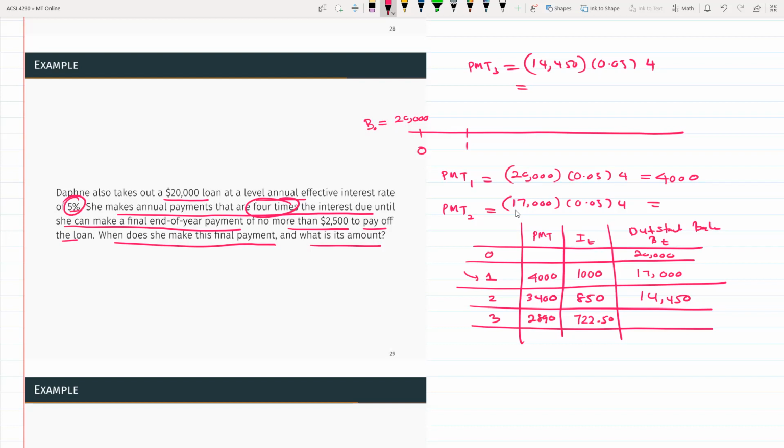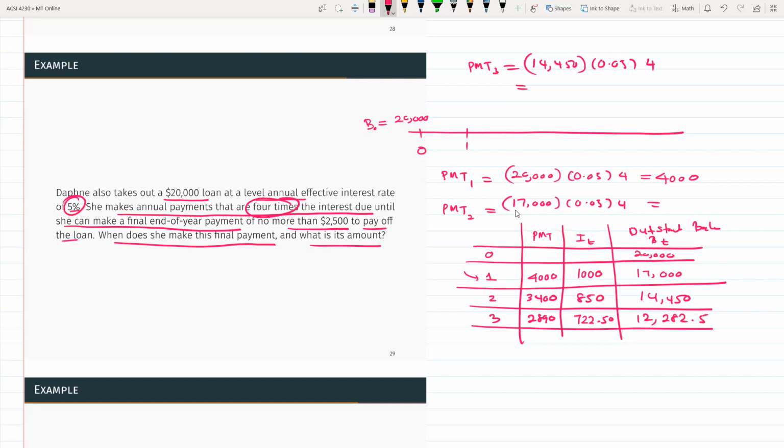So now your outstanding balance would be 14,450 minus, so out of 2,890, you first pay the interest. Okay, so whatever is left over, that's what you use to pay the principal amount. So it would be 12,282.5. So you can continue this way.